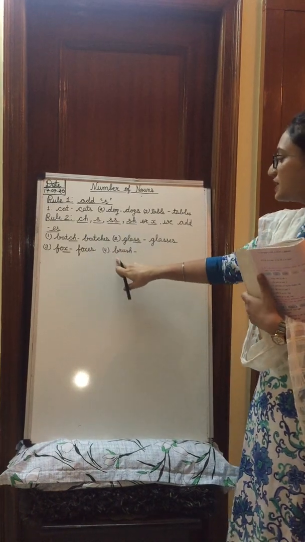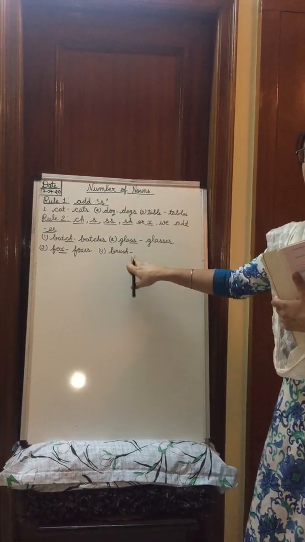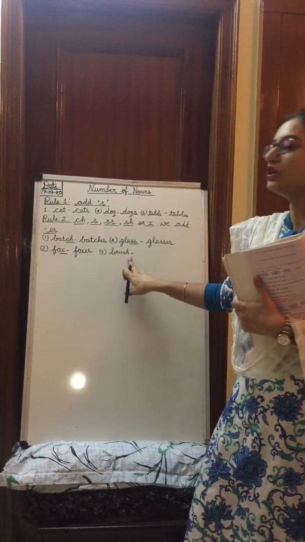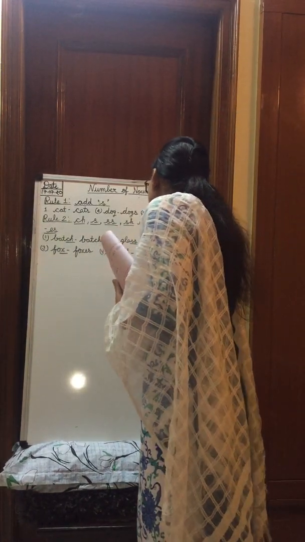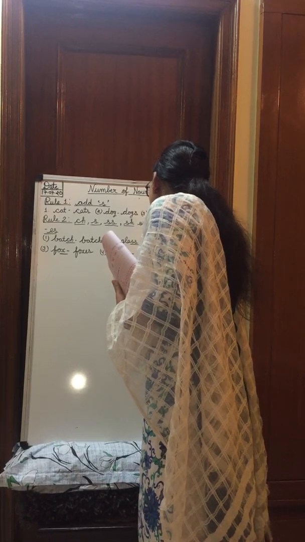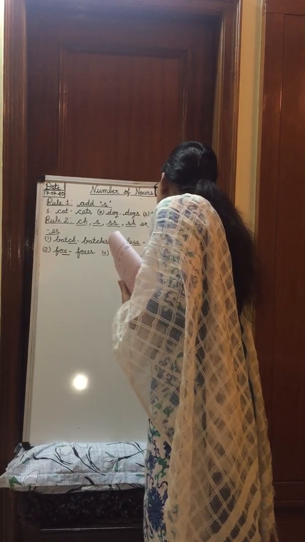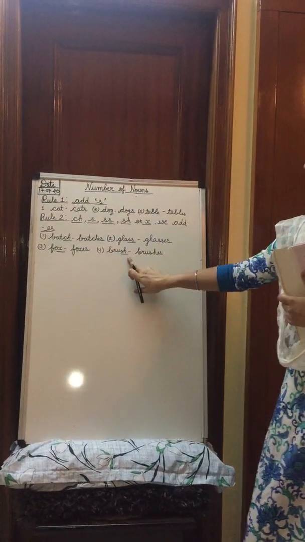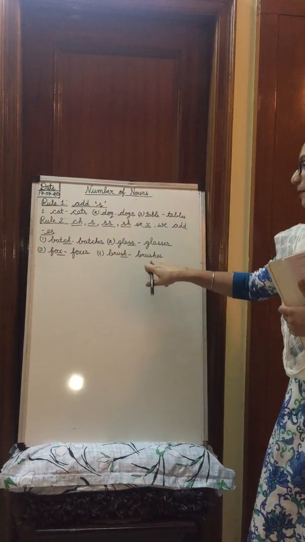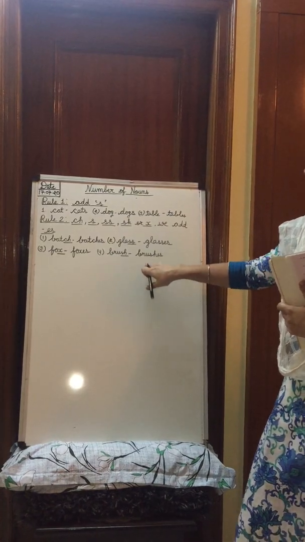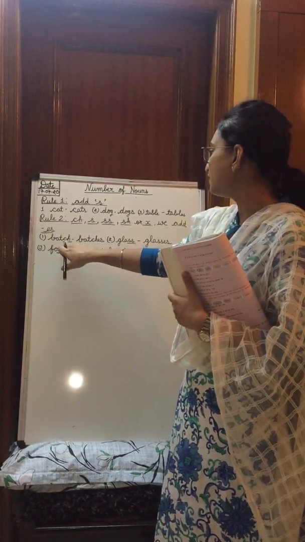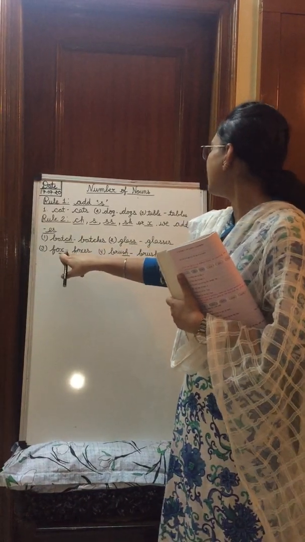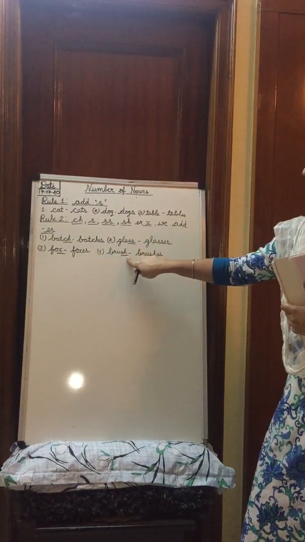So this word ends with sh. So we will add es to the word. So the word will be brushes. So we have seen ch word, ss word, x word and sh word.